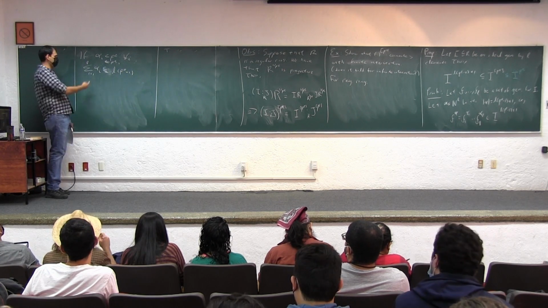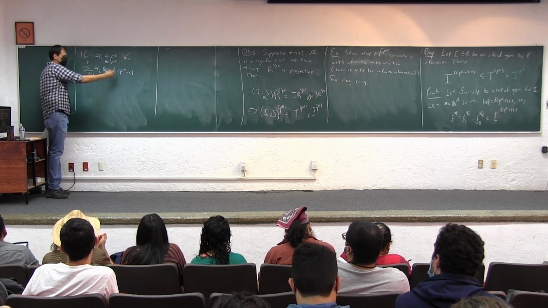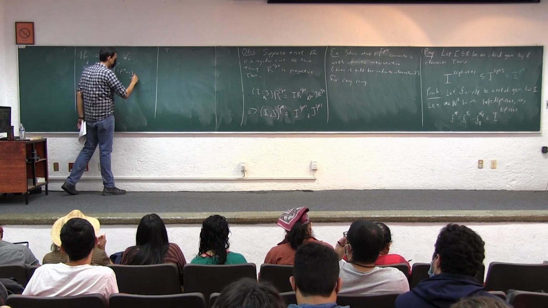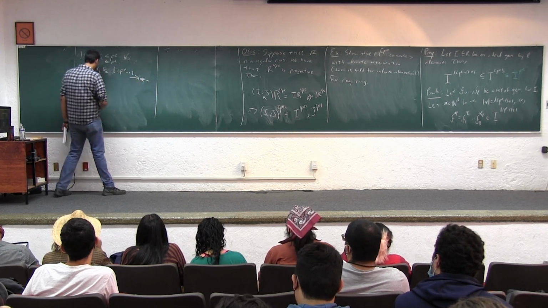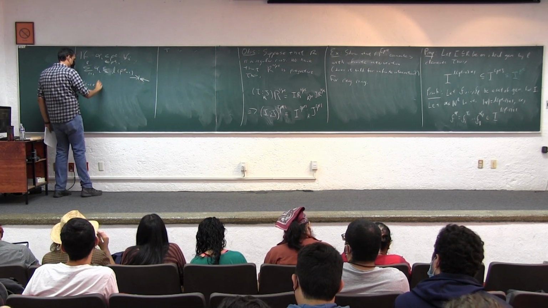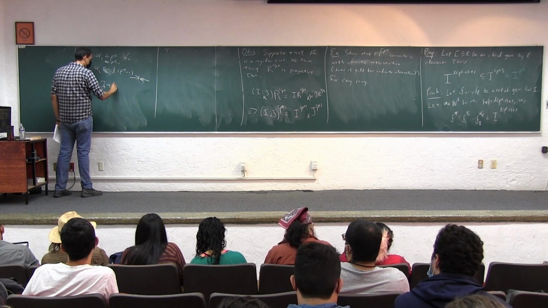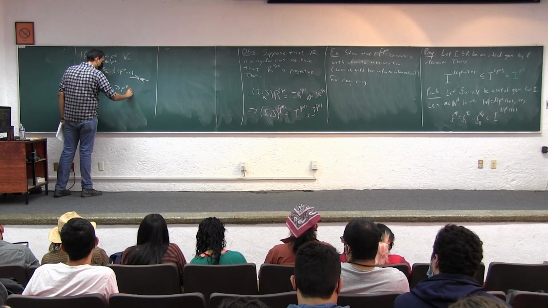Contradiction, because this is equal to this plus 1. Hence there exists an alpha_i bigger than or equal to p^e.